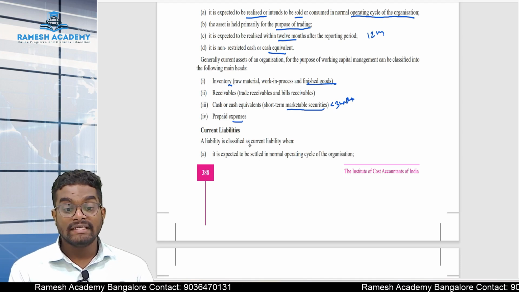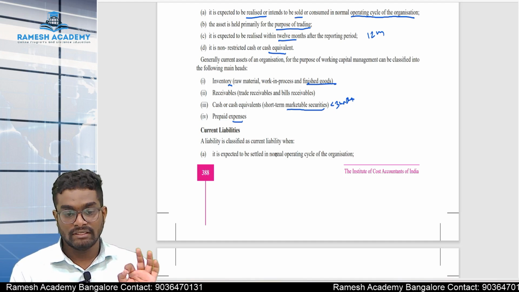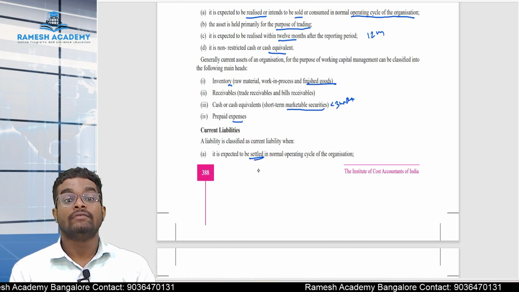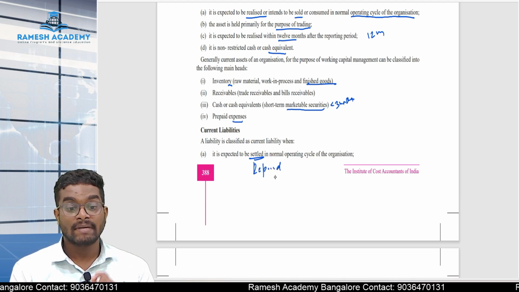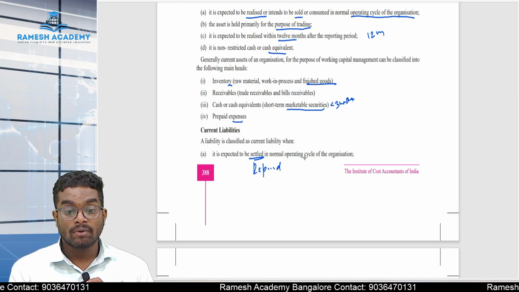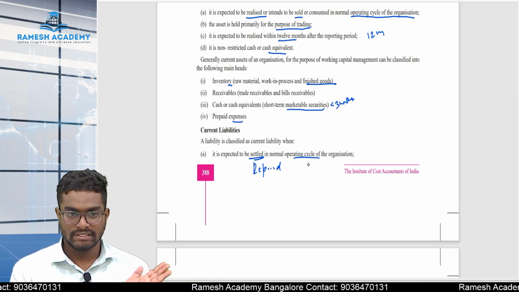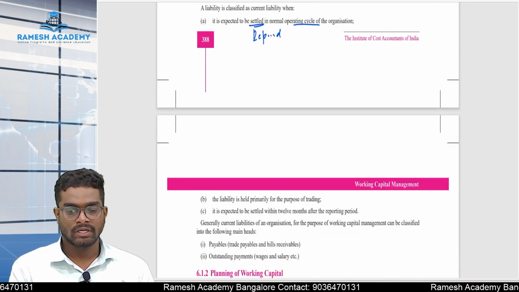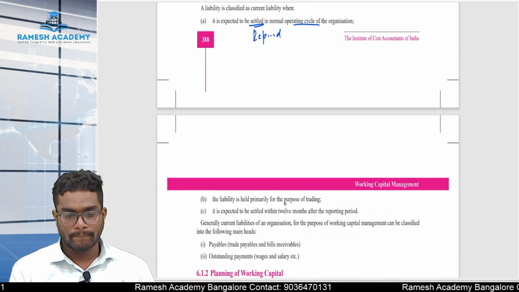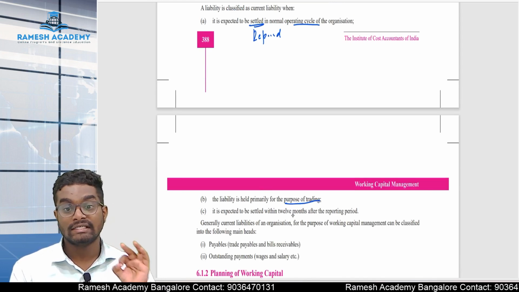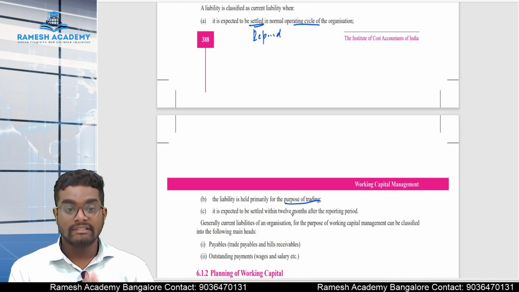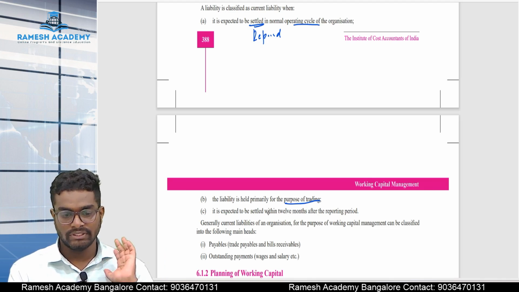Liability is classified as current when it is expected to be settled, which means repaid. So which is expected to be repaid in the normal operating cycle, which means less than 1 year. Okay. The liability is held primarily for the purpose of trading. So if the current asset is also for trading, this also should be purpose of trading only.